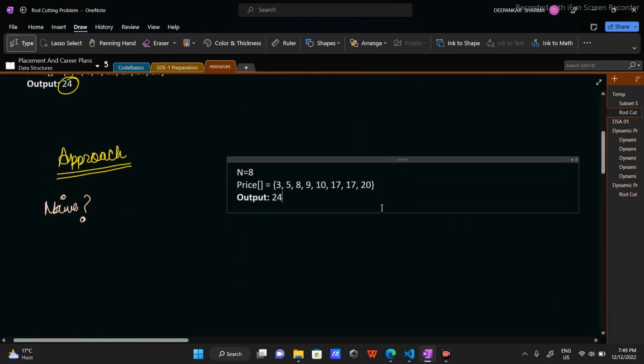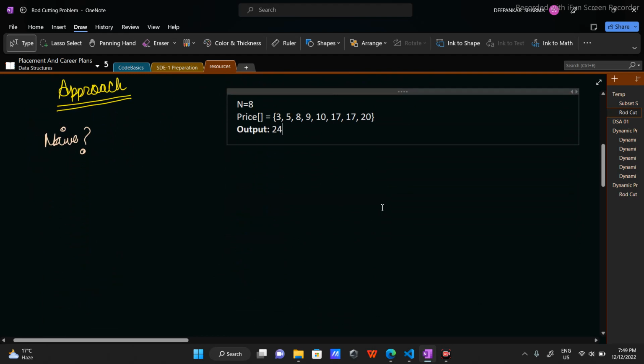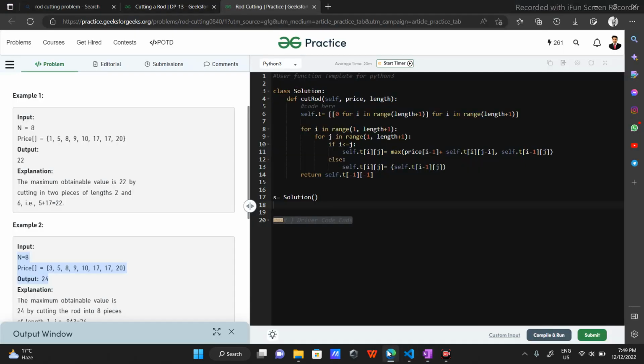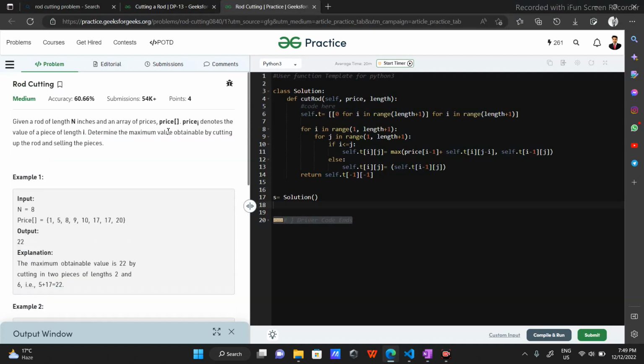What I'll do, I will start from here. Another thing about this problem is that we can include any number of times those pieces.